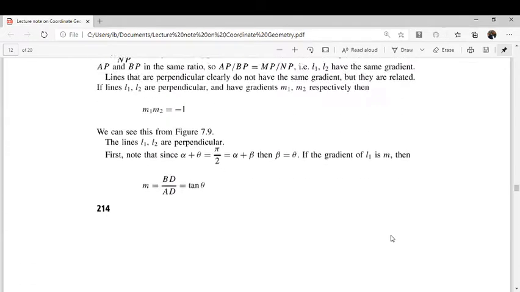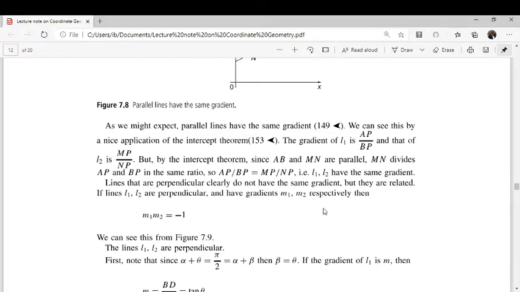Perpendicular lines, the gradients are not equal. Two lines that are perpendicular don't have the same gradient. But if line 1 and line 2 are perpendicular, with gradients M1 and M2, we say M1 times M2 is equal to minus 1. That's when the lines are perpendicular.